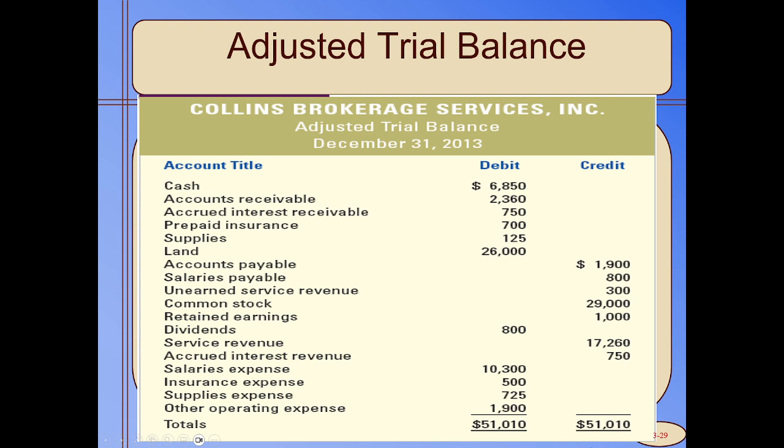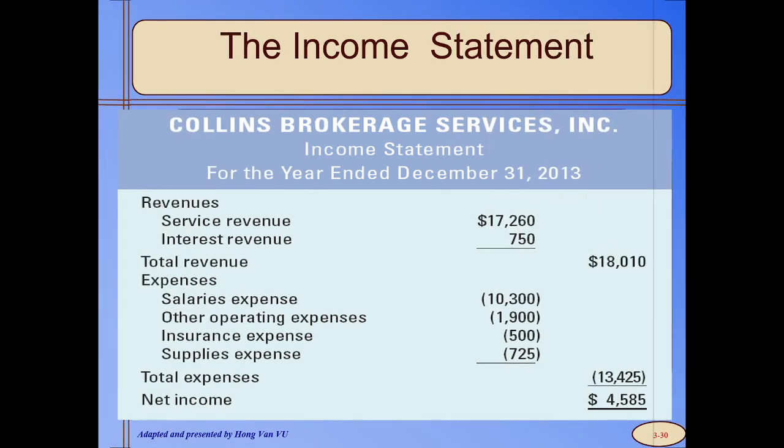So here is the trial balance of Colin Brokerage Services after all adjusting entries have been made. So we call this the adjusted trial balance. Supplemented with detail from the cash and common stock ledger accounts, the adjusted trial balance provides the information to prepare the financial statements for Colin Brokerage Services.